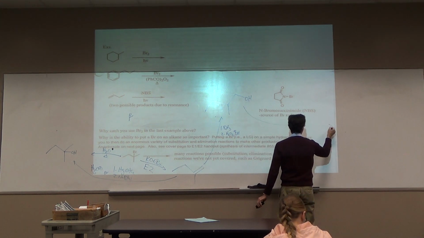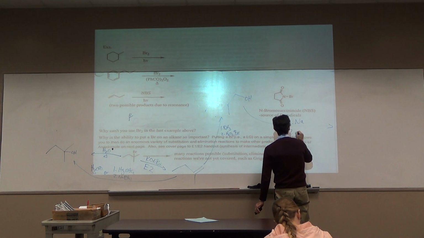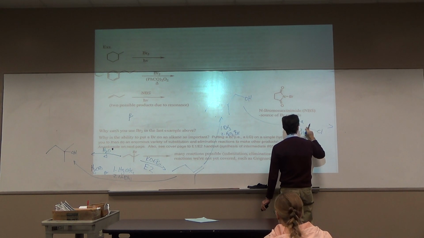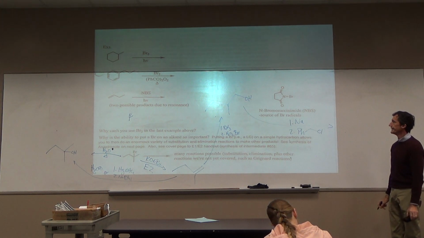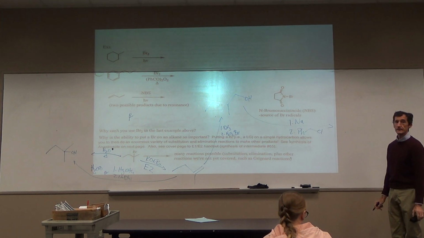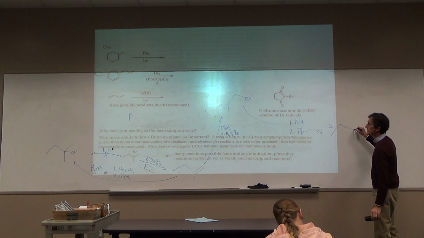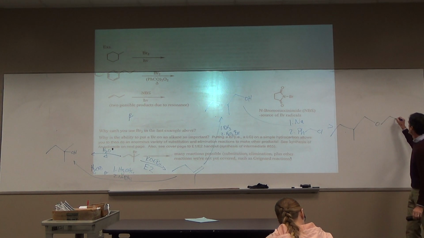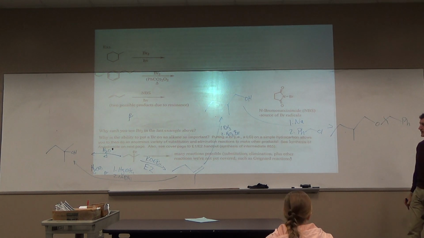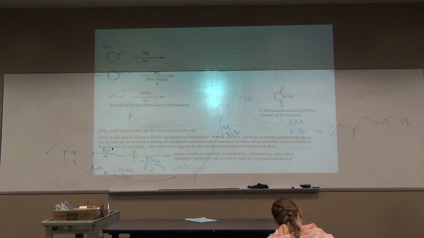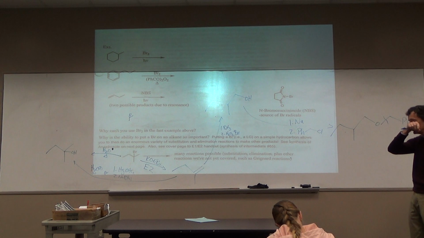What if we took this alcohol, reacted it with sodium metal, followed by benzoyl chloride? That bond right there, Williamson ether synthesis, yeah? Go on and on and on. Radical bromination gave us a substrate with a leaving group, and now we can do lots of organic chemistry. That's the power of the radical bromination.